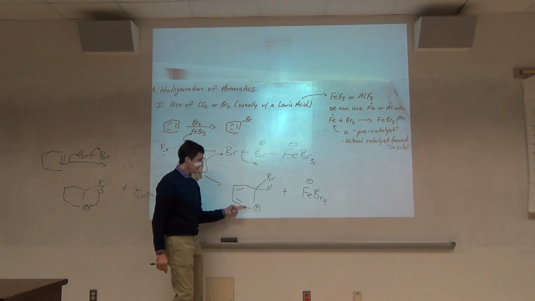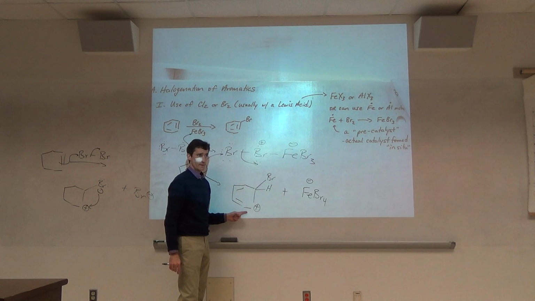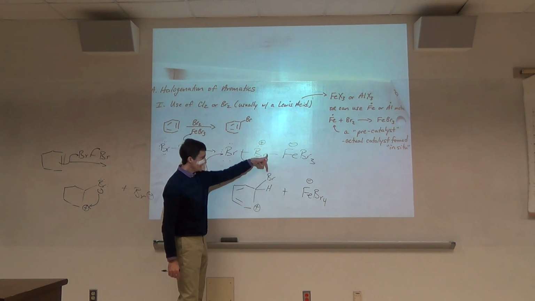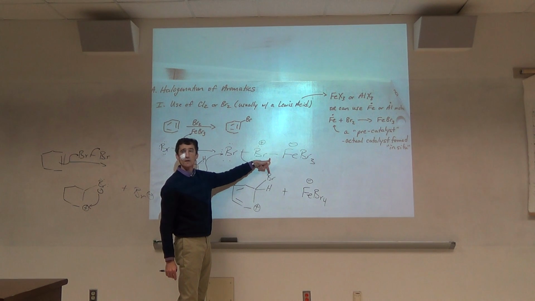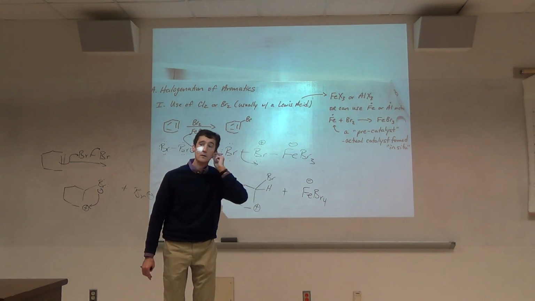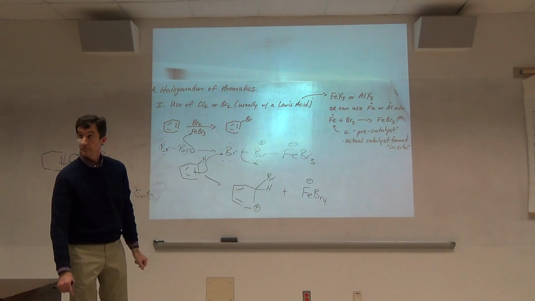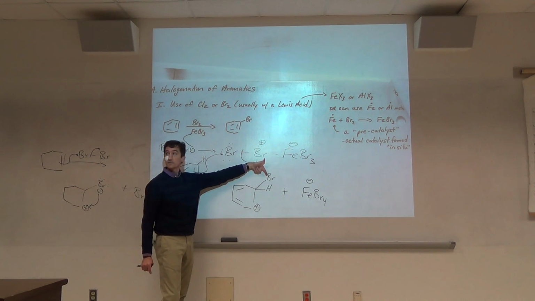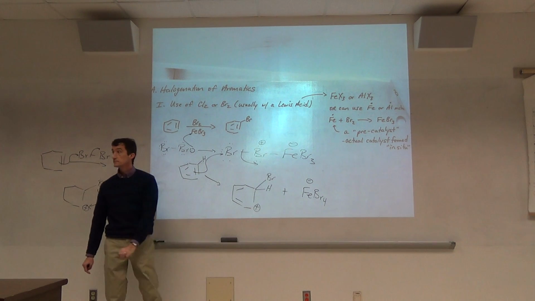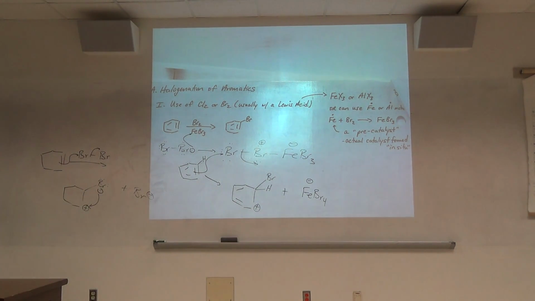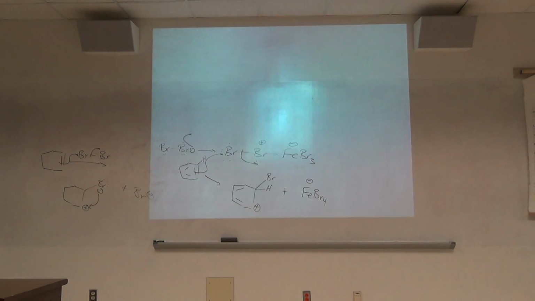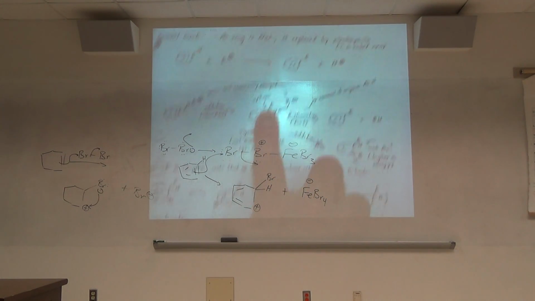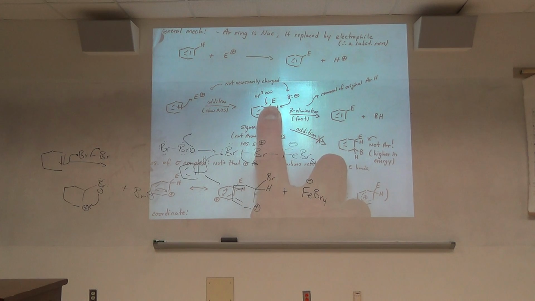So, what did we call this on the previous page? On the previous page, it had E here instead of a bromine. What do we call it? Sigma complex? Yeah. It looked just like on the previous page, except it had an E instead of a bromine.